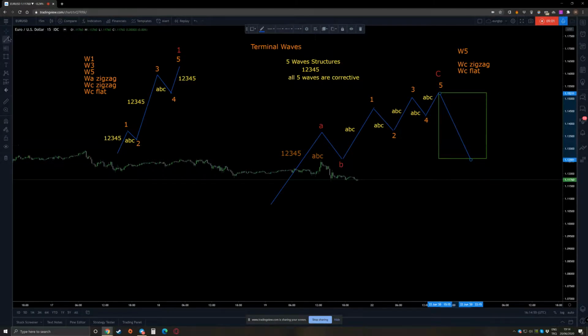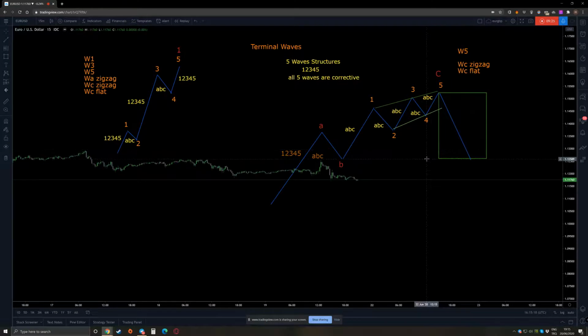This has to come. This is what makes a terminal move terminal. Okay? And usually they look like wedges. This is, let's say, the party piece of this move.